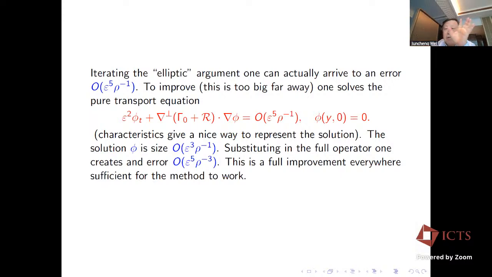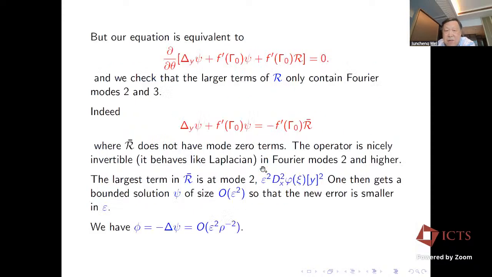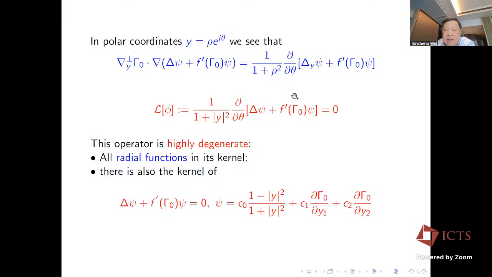If you linearize around the vortex, this is the linearized operator around the vortex, and the main problem here, our main enemy here, is that this linearized operator, which is third order, cannot solve any error which is radially symmetric, because it's d over d theta of something.